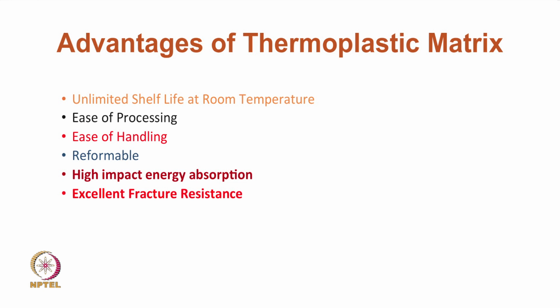They offer rapid process and low cost of forming, and they are preformable, we can make a preform. The most important advantages of thermoplastic matrix material are excellent fracture resistance and excellent toughness.